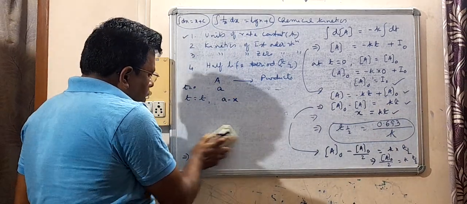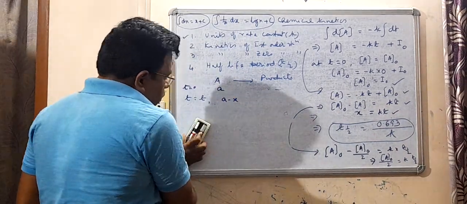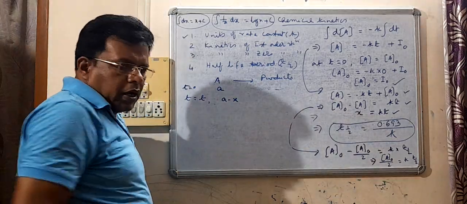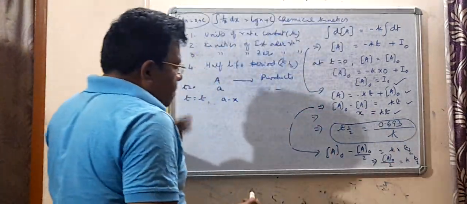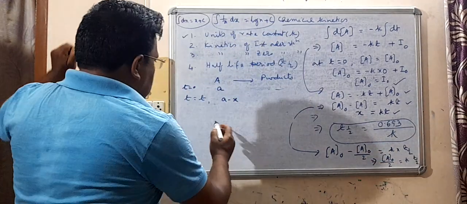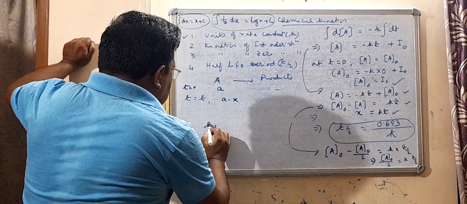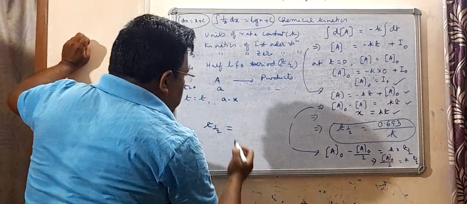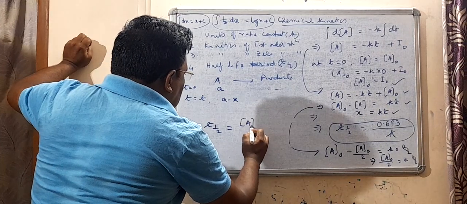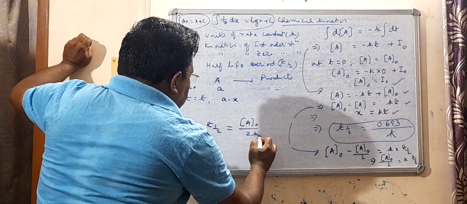So the final form of the half-life period expression in case of zero order reaction, on simplifying, will become T half is equal to, this K will come in the denominator, so it will be A naught by 2K.